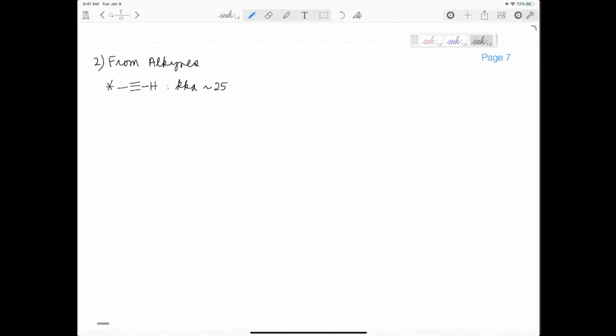Good, right? Which means that it's acidic enough for the Grignard reagent to deprotonate it. Deprotonate.